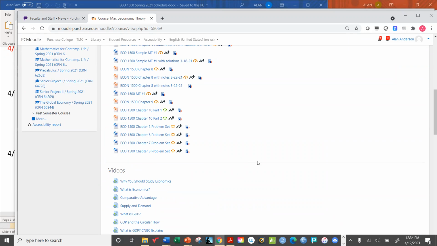I was looking at our schedule, and I think the best way to break up our midterms is to have the second one based on chapters 5 through 9. So in order to get ready for it, on Thursday we'll start out by doing these 4 problem sets, 5 through 8. And then the following week, we'll do the chapter 9 problem set and the sample midterm number 2. And then we'll be ready to actually do the second midterm.